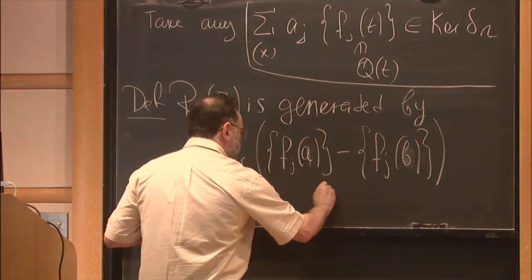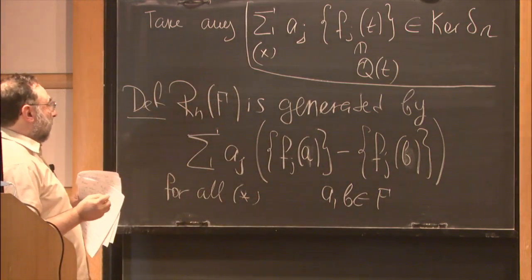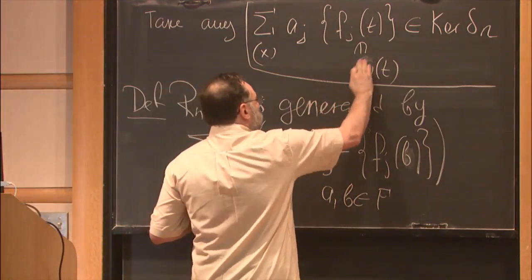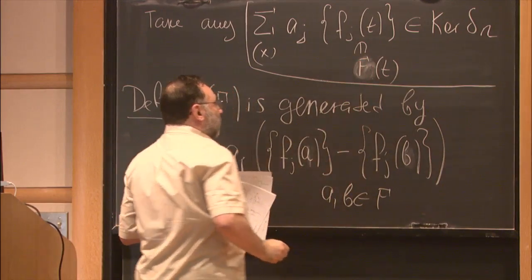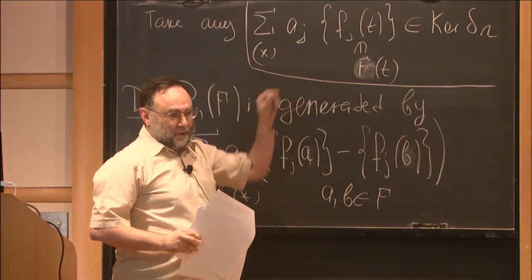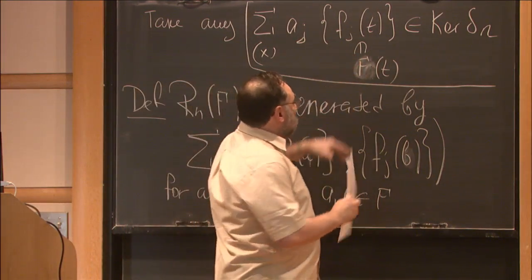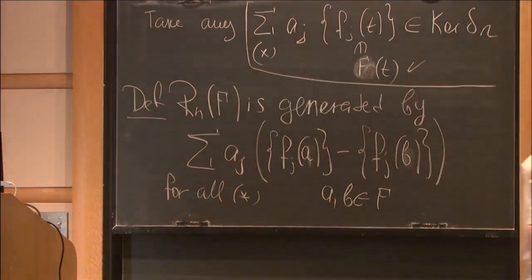So a and b belong to F. But also I definitely want to consider here F(t), and this is certainly what I want to do, not Q(t). So this was a mistake. This doesn't change too much because you can do a partial linear transformation, but this is the main point. Thank you very much. It's indeed very essential.